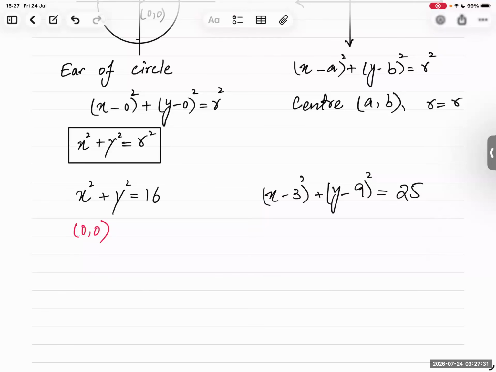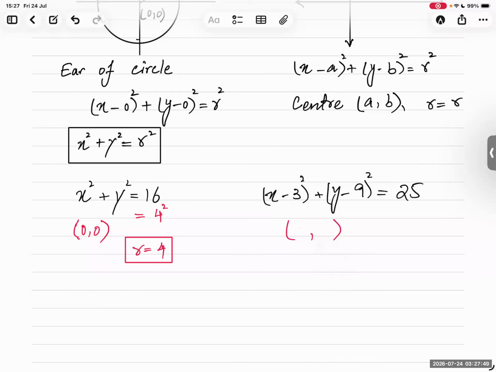In the first scenario, the center is going to be 0, 0, and the radius is going to be 4.